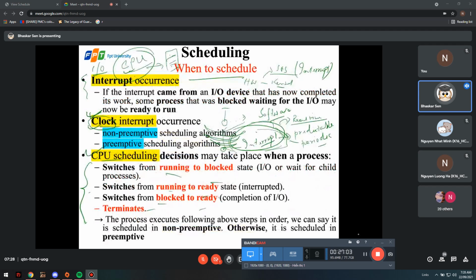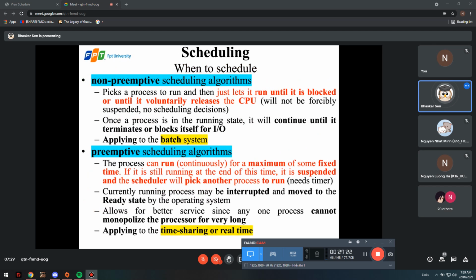Now, we already found these two words right here, very, very important words, non-preemptive and preemptive. So let's talk about these two new words, and you'll be finding these keywords elsewhere in computer science, and to some extent again in the last chapter. Preemption and non-preemption, preemptive and non-preemptive.